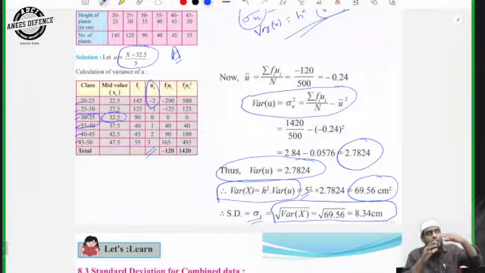Range means the difference between the highest value and the lowest value. So range also we cannot depend on, because it does not consider the in-between observations. It talks about only the maximum value and minimum value. Therefore, we are going for the standard deviation and variance, because they take into consideration almost all observations.